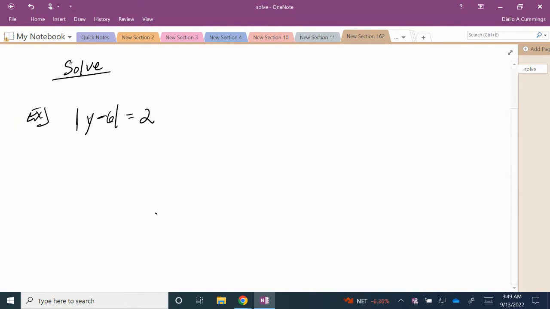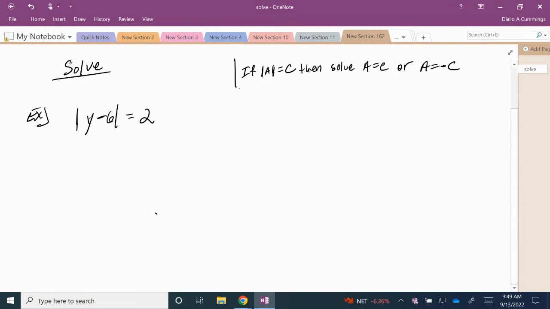So the formula that I'm going to use here says that if the absolute value of A is equal to C, so instead of just writing ax plus b or whatever inside of the absolute value, I'm just simply going to shorten that down and write A. If the absolute value of A is equal to C, then we solve A is equal to C, or A is equal to negative C.